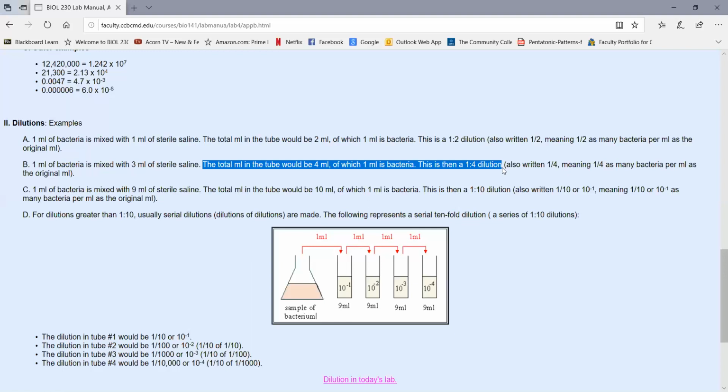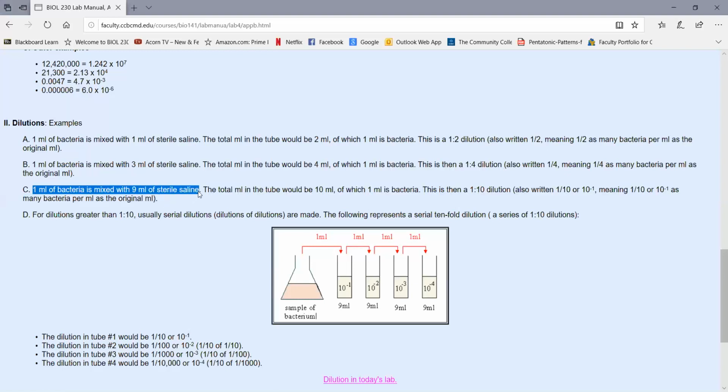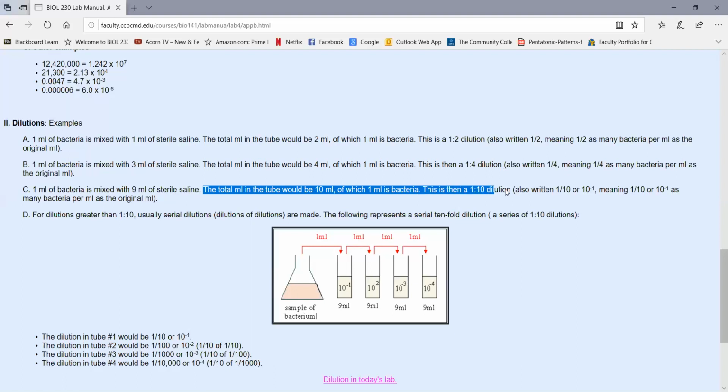Now, the one we use most frequently in science is 1 milliliter of bacteria mixed with 9 mL of sterile saline. So 1 mL and 9 mL means there's a total of 10 milliliters in the tube, one of which is bacteria, and that is a 1:10 dilution. And we like that because now we can also start writing the number in scientific notation. 1/10 is the same as 10 to the minus 1.